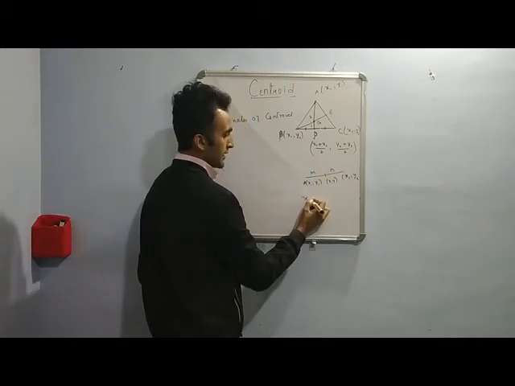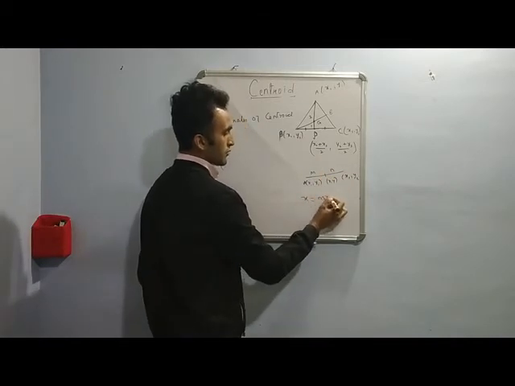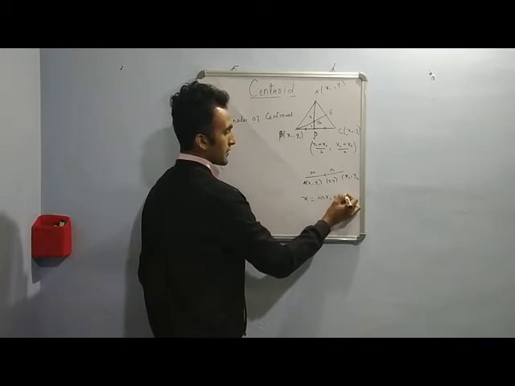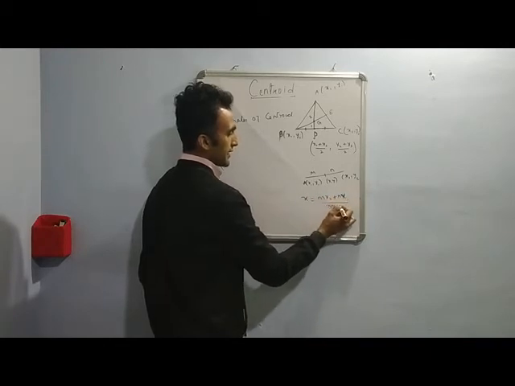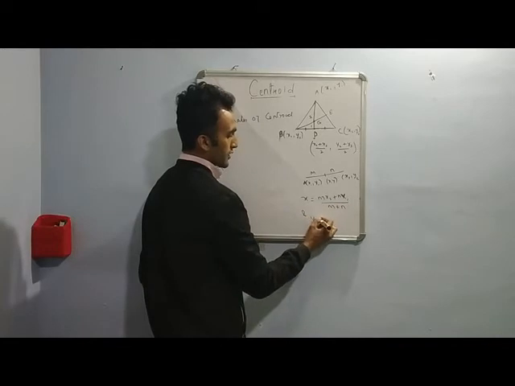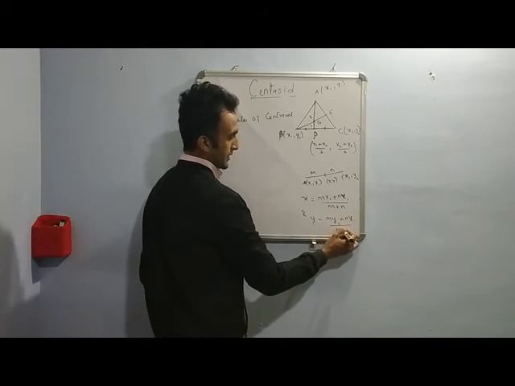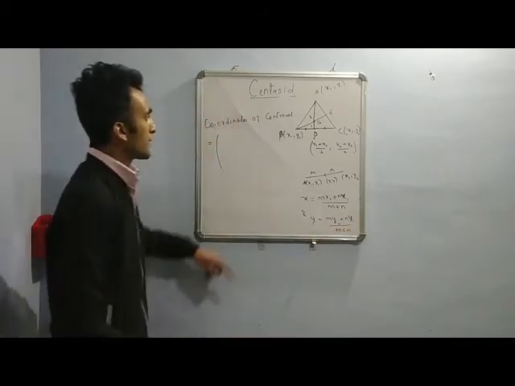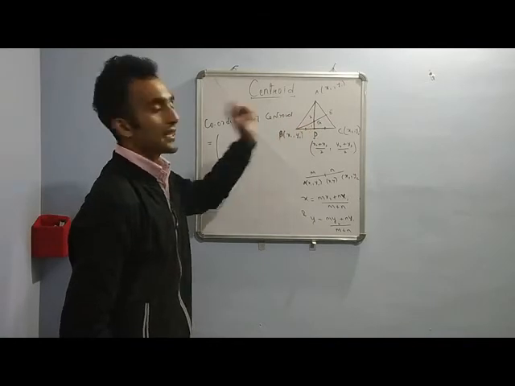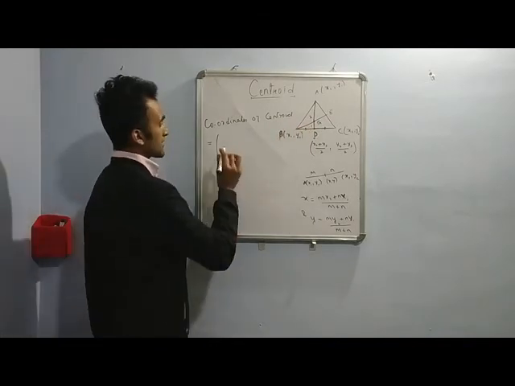Then I told you that x is equal to mx2 plus nx1 divided by m plus n, and y is equal to my2 plus ny1 divided by m plus n. This was the section formula. And here our m, let me take it as 2, and n let me take it as 1. So let me use the section formula.